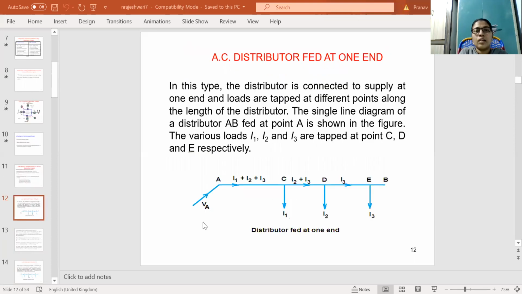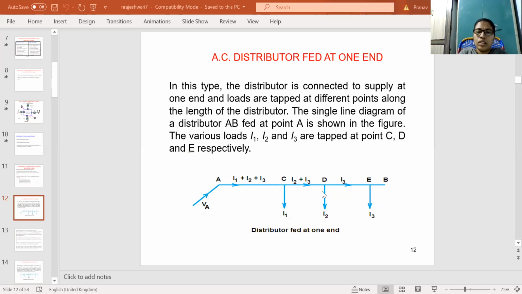Coming to the AC distributor fed at one end. This figure shows the distributor fed at only one end. This is the distributor, fed at point A, and these are the various loads applied to this distributor. In this type, the distributor is connected to the supply at one end, and the loads are tapped at different points along the length of the distributor.